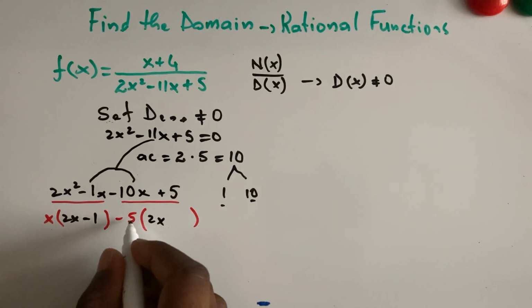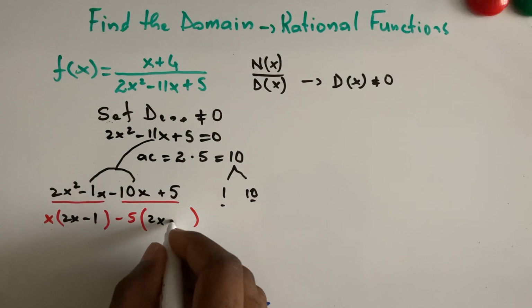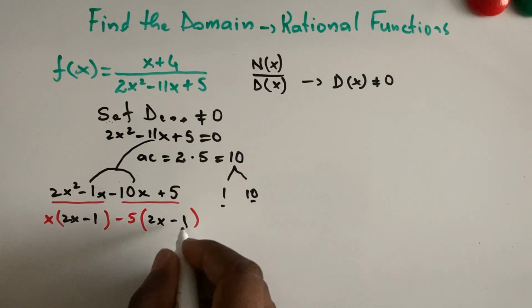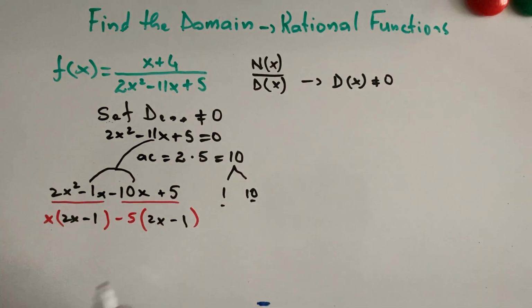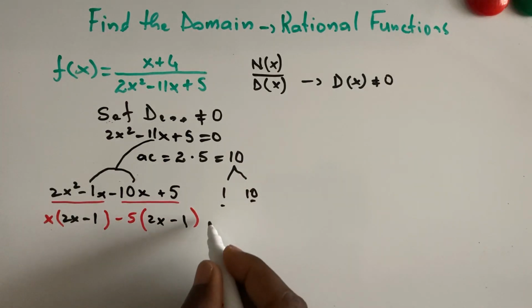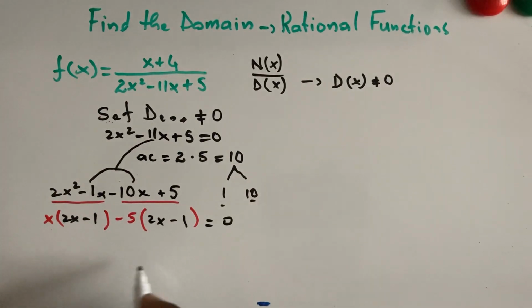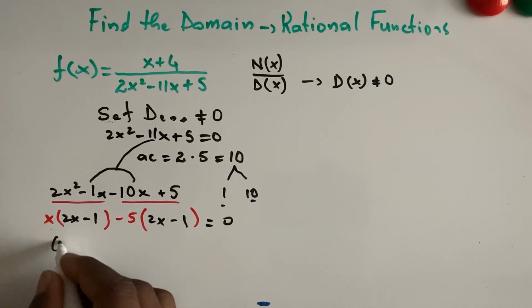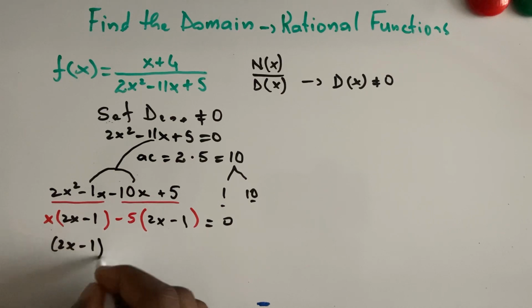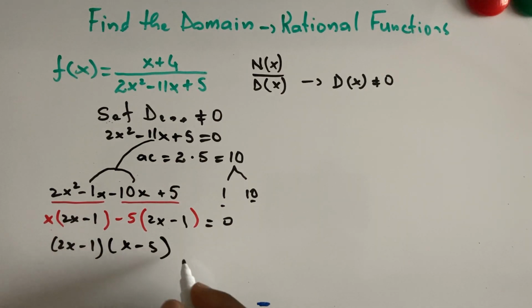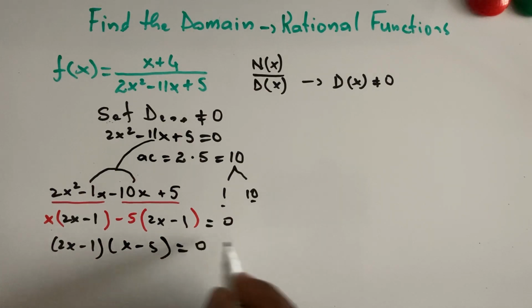And since I factored -5 out, this will become a -1, because when you multiply -1 by -5, you get +5. So you can always double check your work. Remember what I'm doing, by the way: it was an equation, so this is set to 0 because I'm solving. Now I can factor out the GCF. So 2x minus 1 and x minus 5 would be the other factor, equals 0.